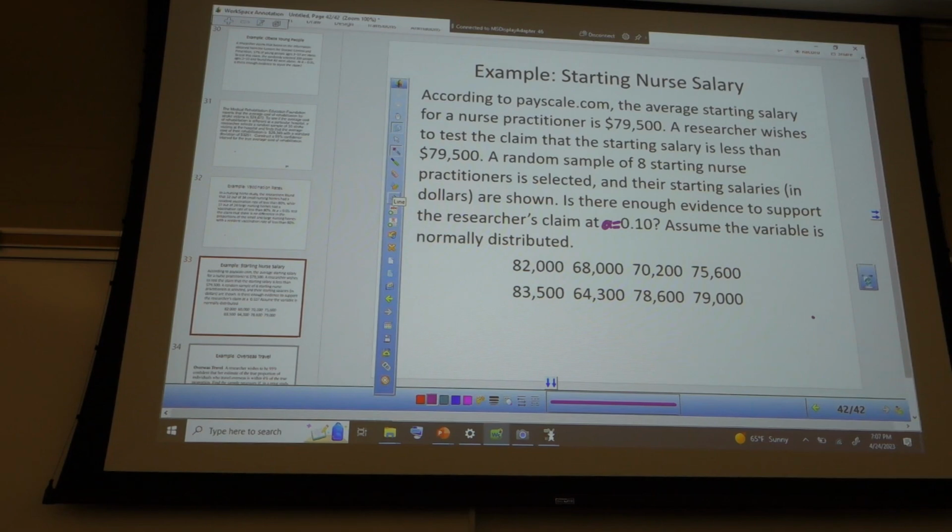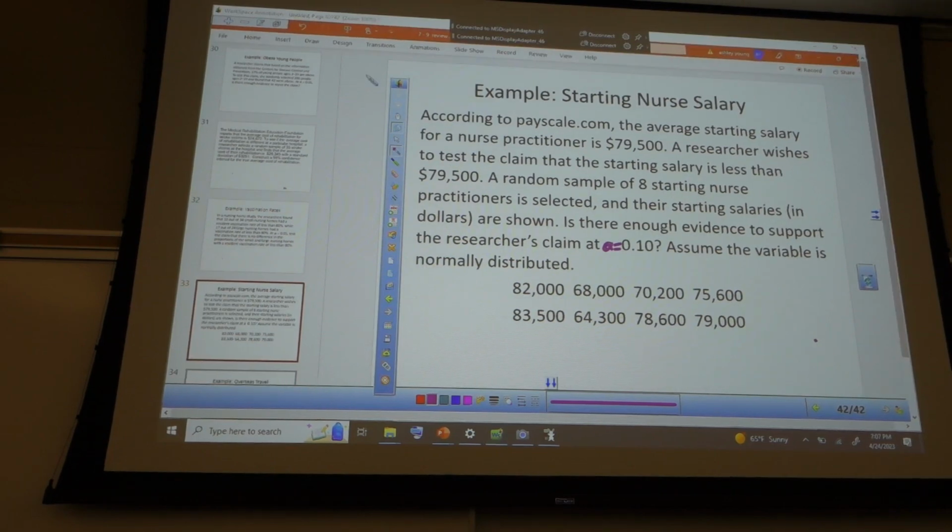All right, folks, is this a mean or proportion? Mean. How do we know it's a mean? Because we have data. Excellent. Is it a confidence interval or hypothesis test? There's evidence, so it's a hypothesis test.